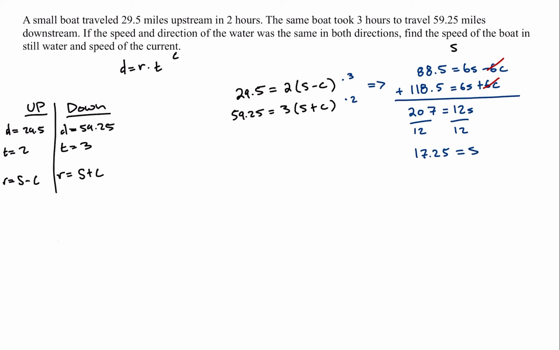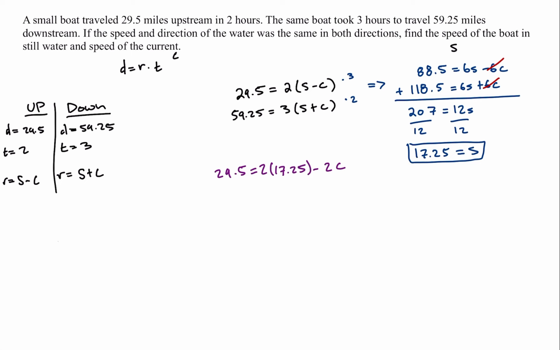Now that I know what S is, I can use it to find my other variable. I can plug S into any one of these equations, so I will plug it into the top equation. We've got 29.5 is equal to 2 times 17.25 minus 2C, because I've still got that C there.